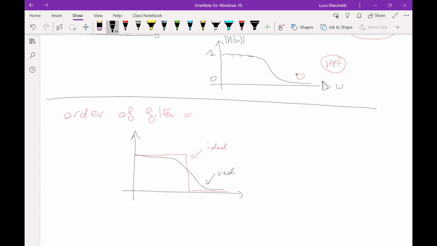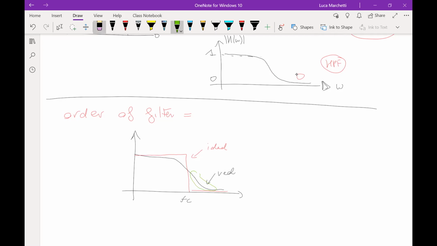Of course, you understand that the real one is quite different from the ideal, because we would like that after FC, nothing passes through. But this is not the case, because in the real one, you can see that in this part here we still have some signal passing through. The signal that passes through has a smaller amplitude than the maximum, but still passes through, okay?